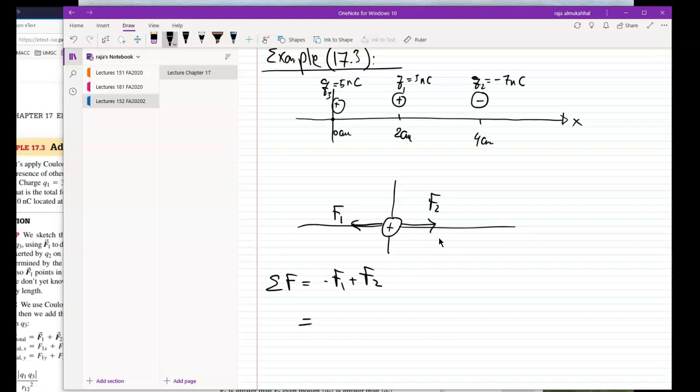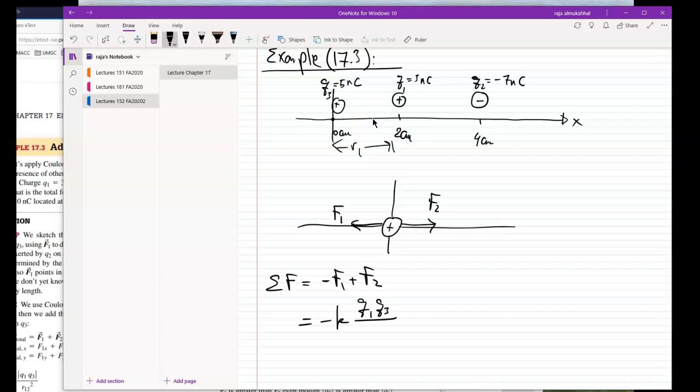So let me just write down explicitly those expressions. That's going to be minus K Q1 Q3 over the distance between them, which is this distance right here. Let me give you a term R1. Can I call it R1? You call it whatever you like.